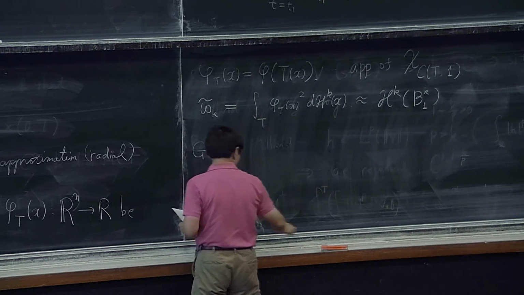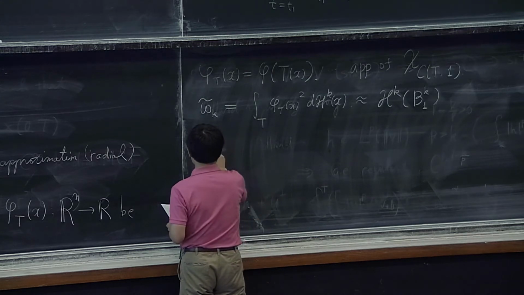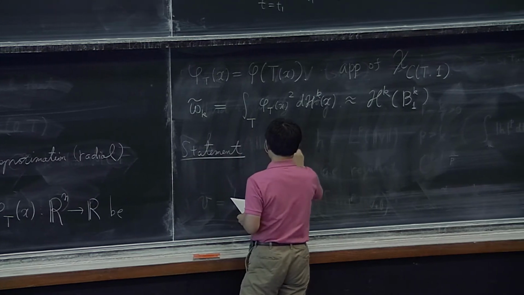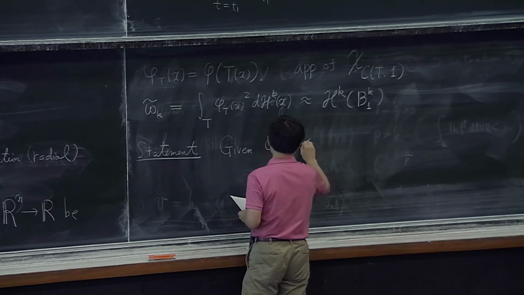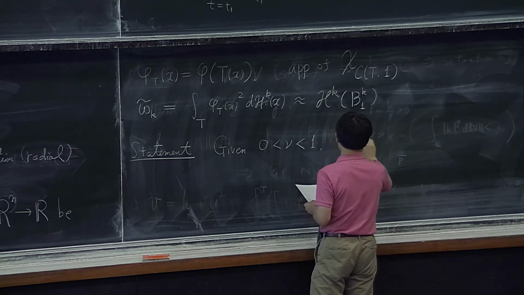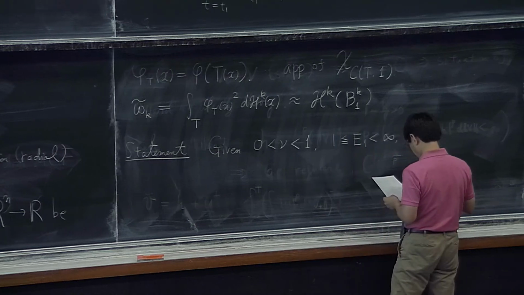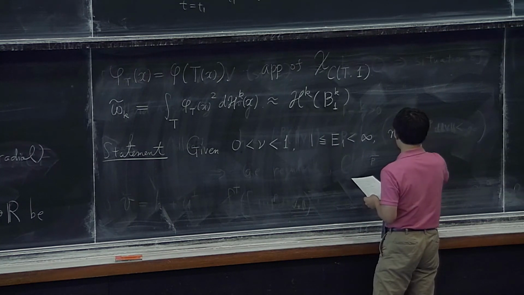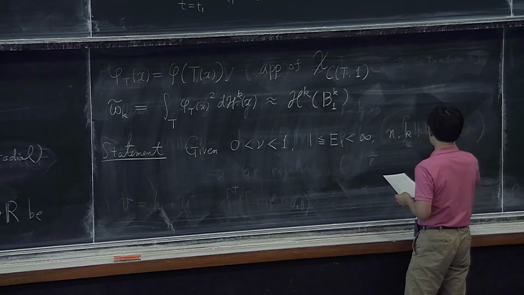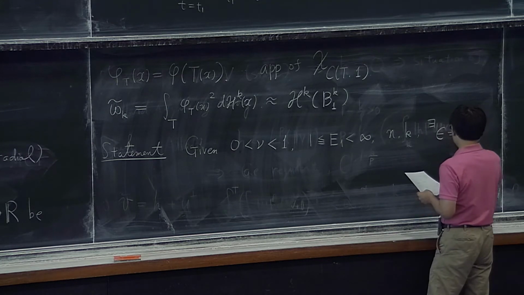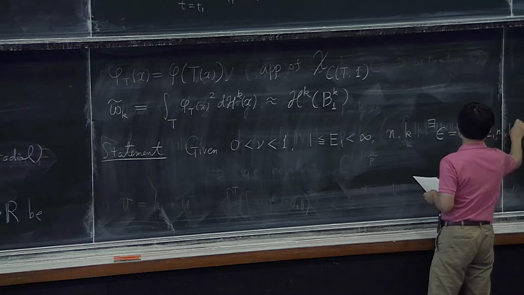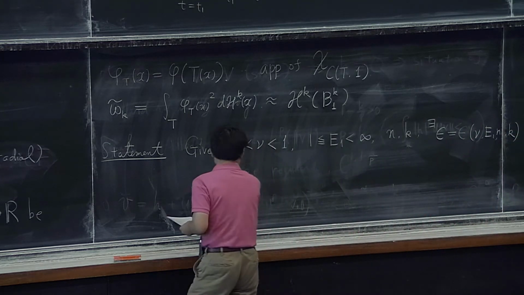The statement of the theorem is: suppose we are given a number nu between 0 and 1, and E1, and also n and k. Then there exists epsilon, depending on these numbers only, between 0 and 1.